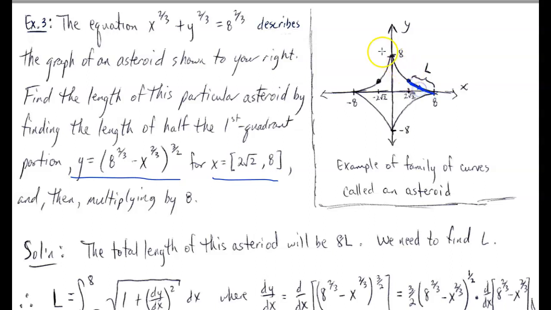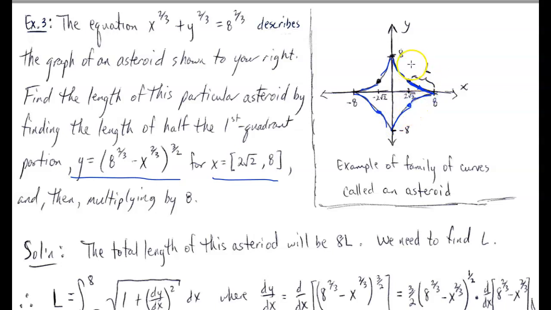Since this relation is described as a function from x equals 2 times square root of 2 to 8, we know that this shape, even though I haven't drawn it that way, all of these lengths should be equal to one another.